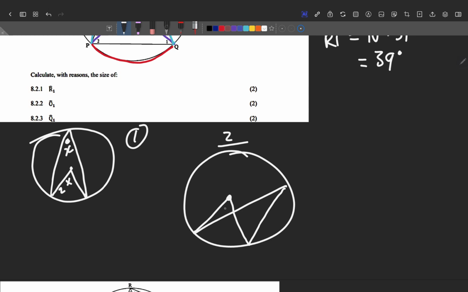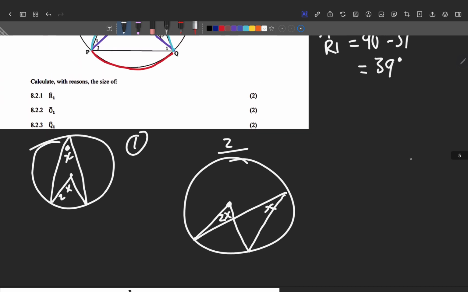So still here is 2x, and here we have x. In the last scenario, we have it like this. This circle was a lot better. This is my center, even though it doesn't look like one. Let's say we have something like this.